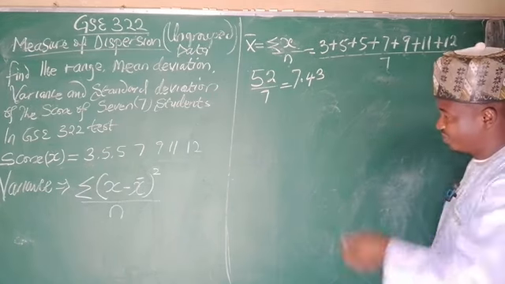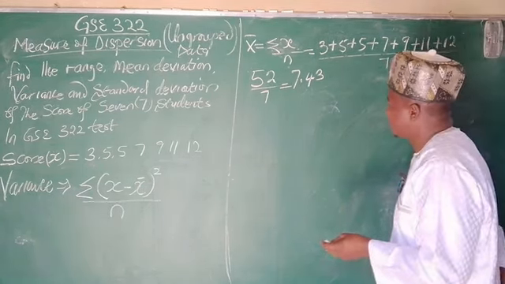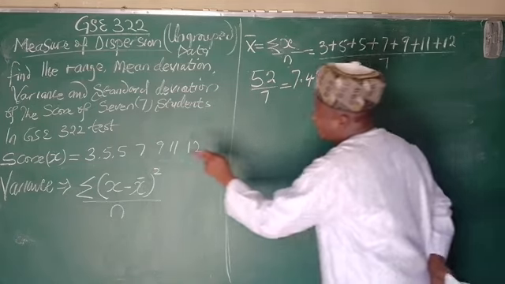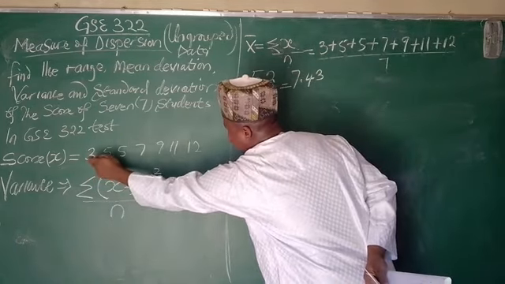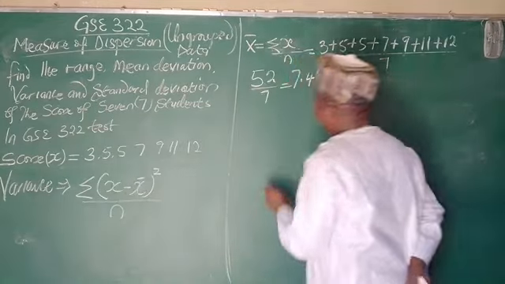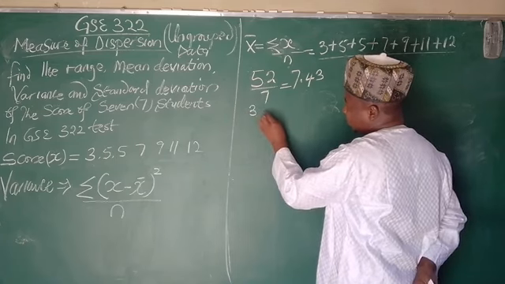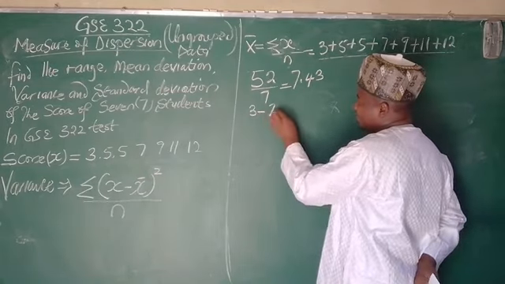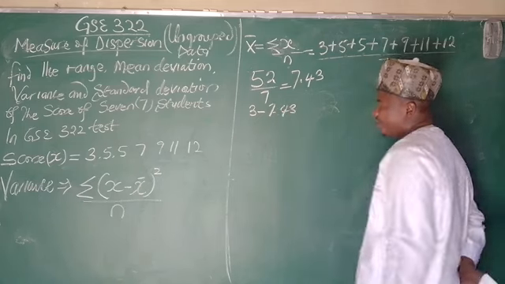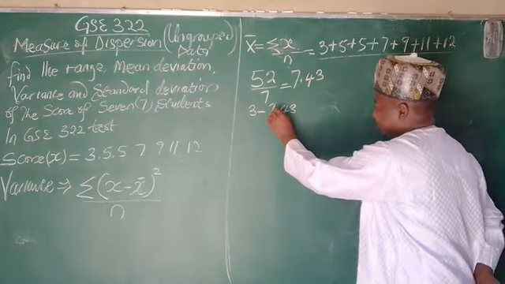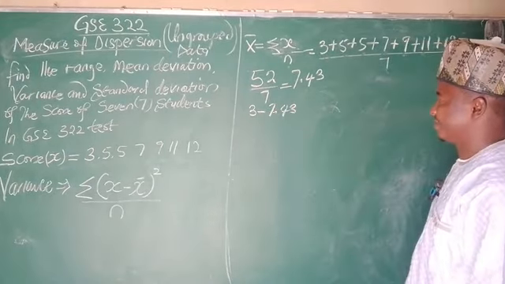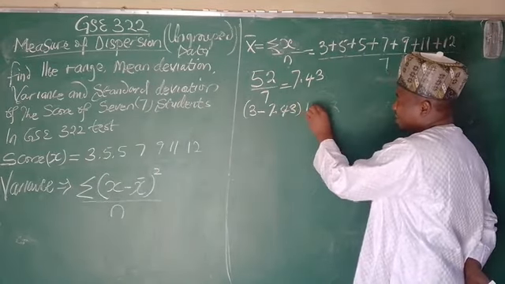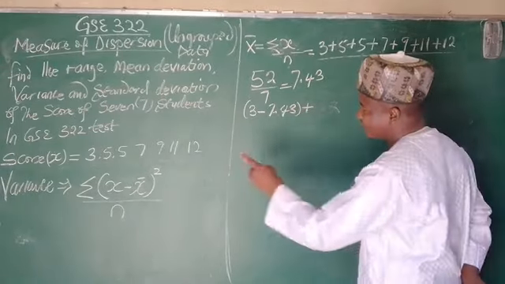So now, the first x is 3. We have 3 minus the mean. Our mean is 7.43. Let's put them in brackets, then plus the second one, which is 5.